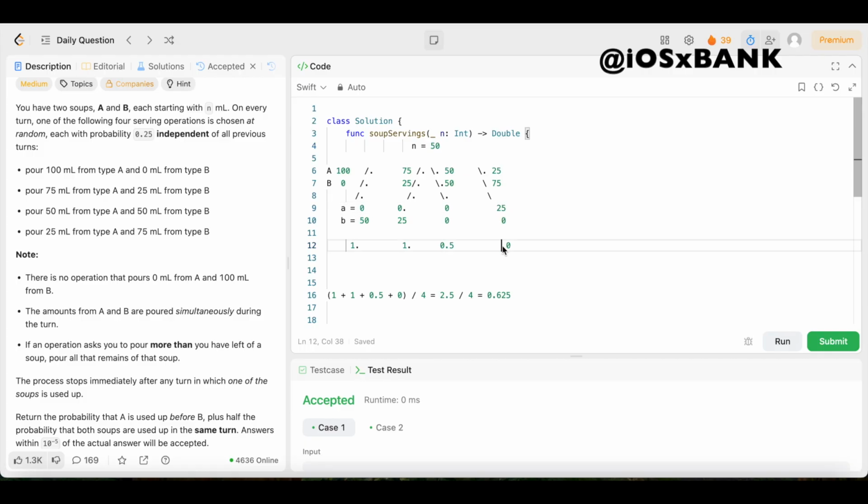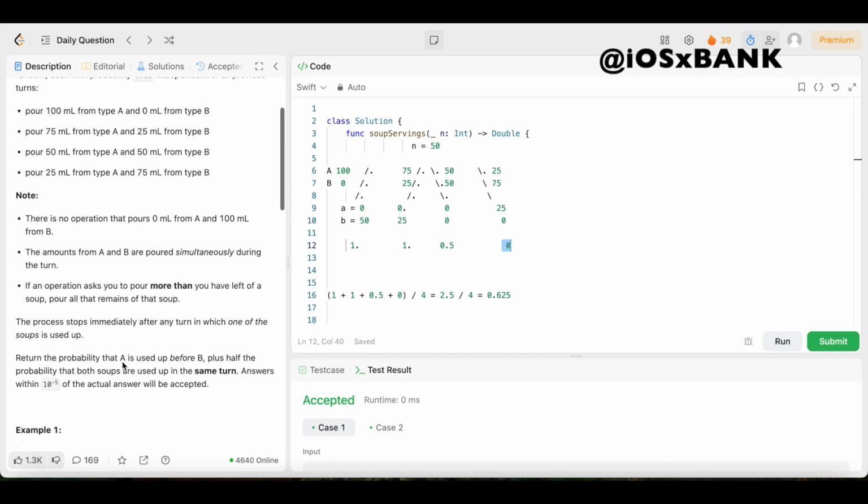So A has a 0% chance, because remember, we're worried about A being used up first. In this branch, B poured out 75 and there was only 50, and A only poured out 25 of the 50. So B is going to be empty first, and A has a 0% chance of becoming empty first.